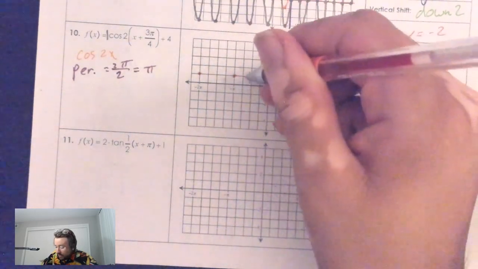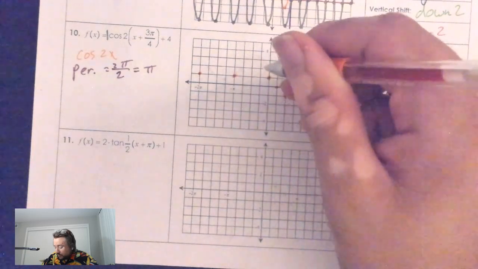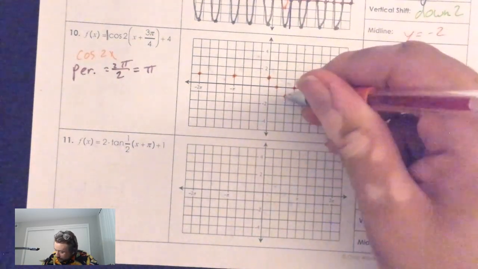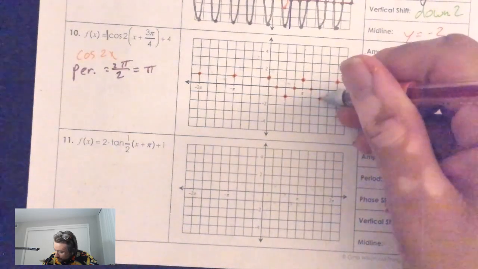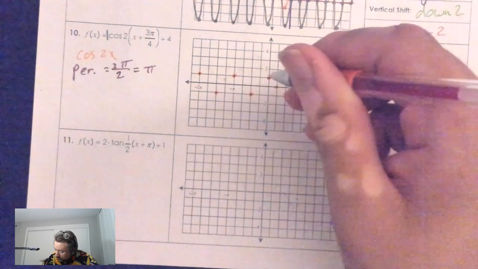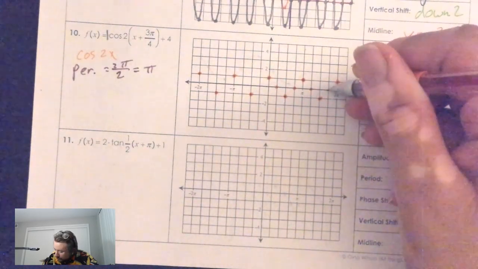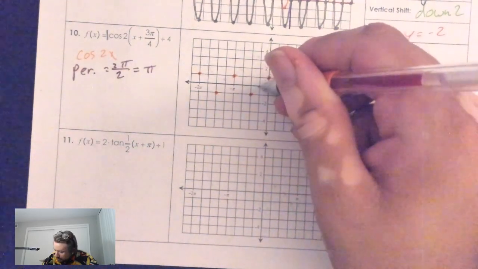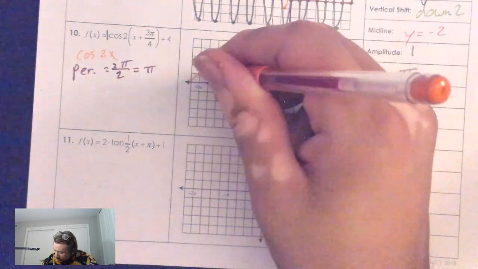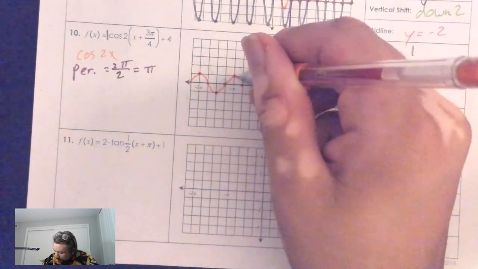It's nice to think that every one of these is pi over 4, so 4 blocks would be pi. That's what goes on in my head when I'm looking at this. 4 blocks away from here is pi. 4 spots away from there. 4 more. And then I can just fill in the remainder. And so this would be my untransformed graph.